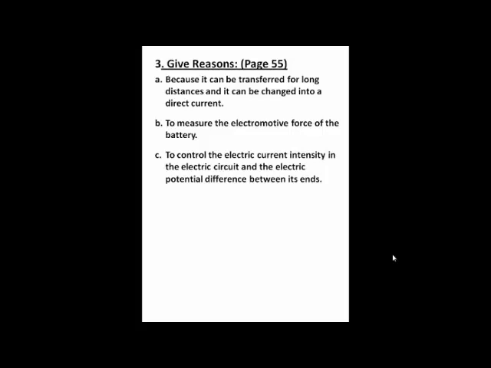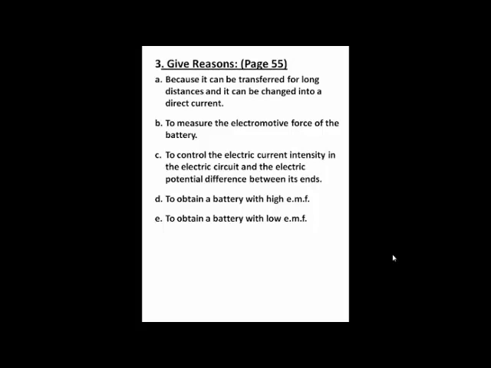D. Some cells are connected in the electric circuit in series to obtain a battery with high electromotive force. E. Some cells are connected in the electric circuit in parallel to obtain a battery with low electromotive force.